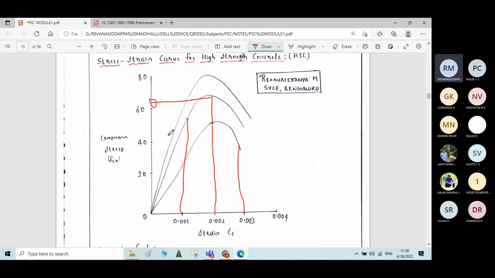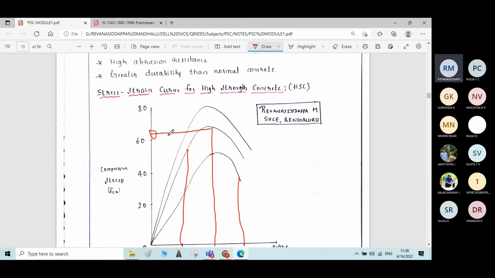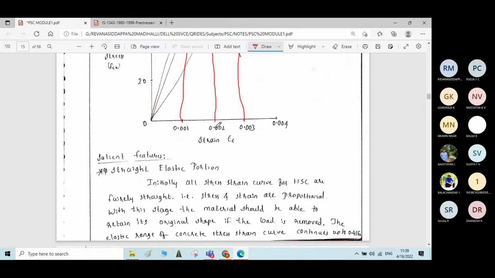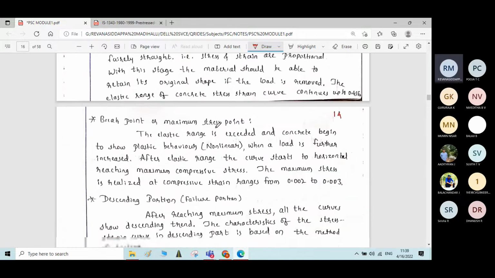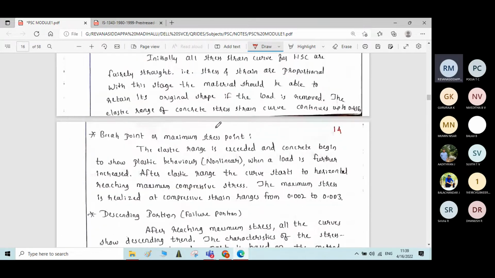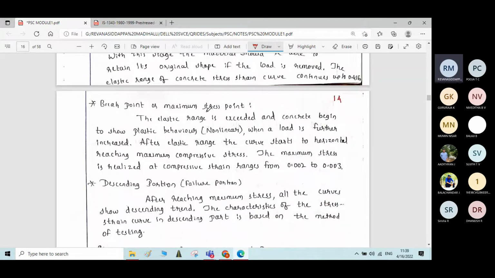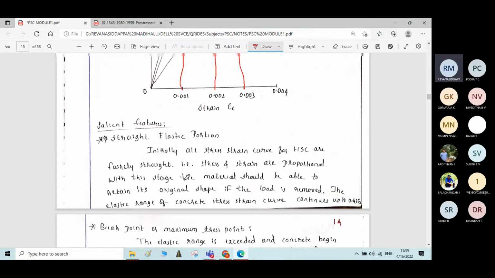When you study the stress strain characteristics of high strength concrete, we get a total of three portions. One is the straight elastic portion, next is the breaking point or maximum stress point, and then the descending portion or failure portion.